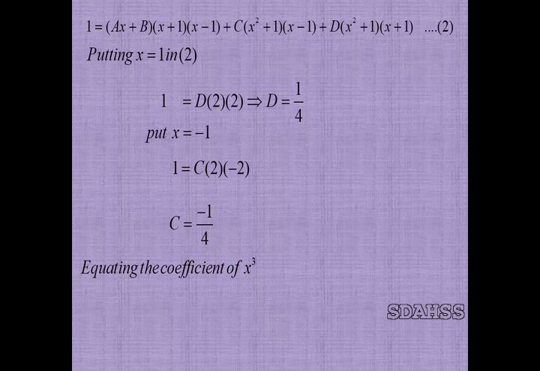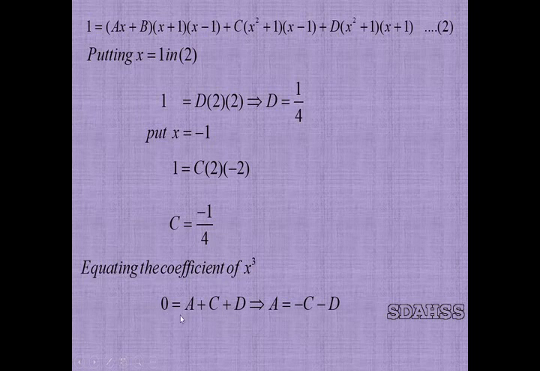Now equating the coefficient of the x cube term. On the left hand side there is no x cube term, so 0 is equal to... here a x into x square gives x cube, so the coefficient of x cube is a. Here x square into x gives x cube, the coefficient is c, plus similarly d.